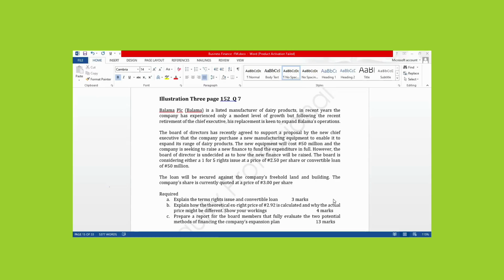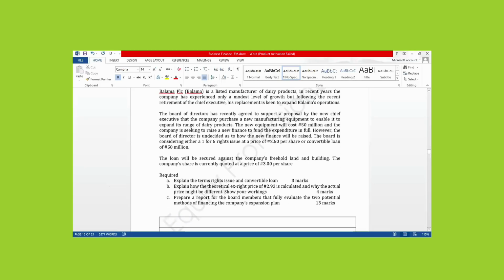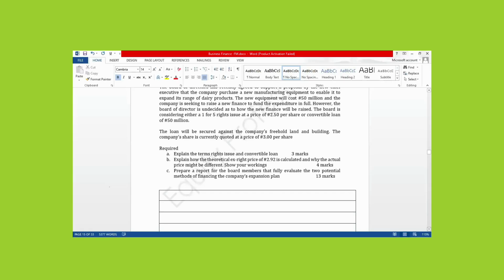All right. We move to part B of the question. Examiner says, explain how the theoretical strike price of £2.92 is calculated, and why the actual price might be different.